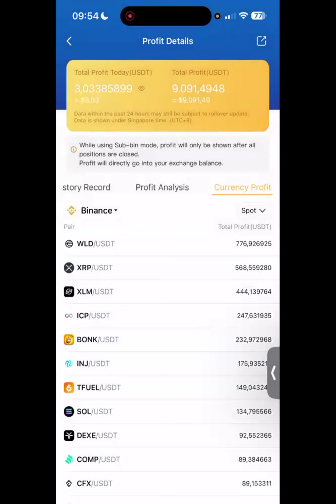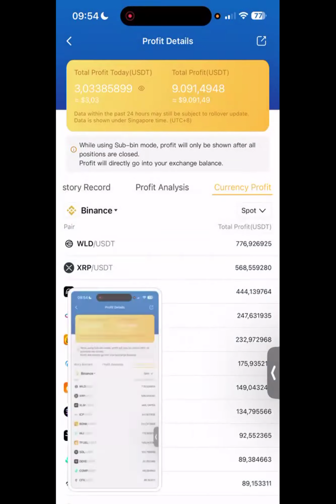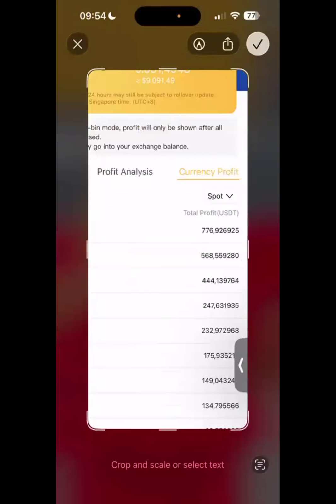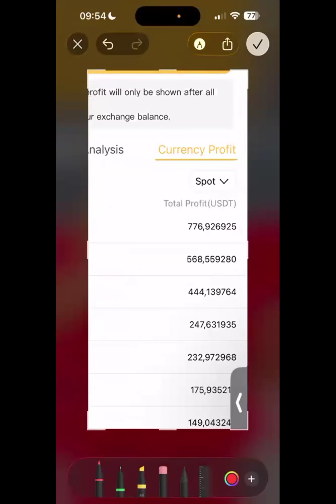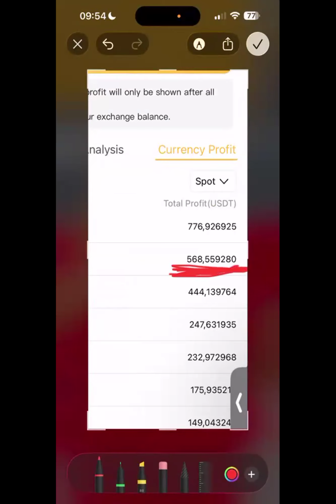So under the currency profit, you will be able to see how much in USDT you have made. Someone will see this amount and the person will be asking, what is it? Is it viewing in Ghana cedis or US dollar or what? That is why they have put total profit in brackets, USDT.